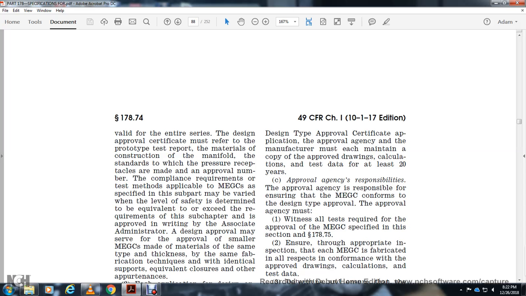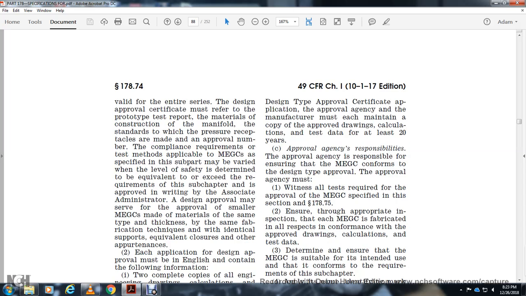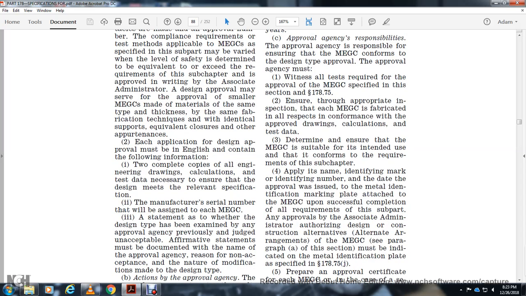The approval agency is responsible to ensure the MEGC conforms with the design type approval. The approval agency must, within all the tests required for the approval of the MEGC specified in section 178.75, ensure through the appropriate inspection that the MEGC is fabricated in accordance with and conforms to all the approved drawings, calculations and testing; determine and ensure that the MEGC is suitable for its intended use and confirms the requirements of the subchapter; and apply its name and identifying mark, the identifying number and the date of the approval that was issued, on the metal identification plate attached to the MEGC upon successful completion of all the requirements of the subpart.